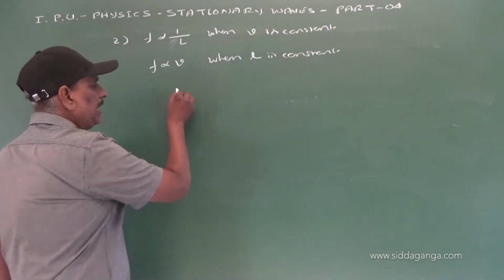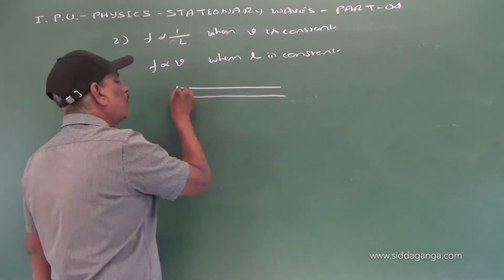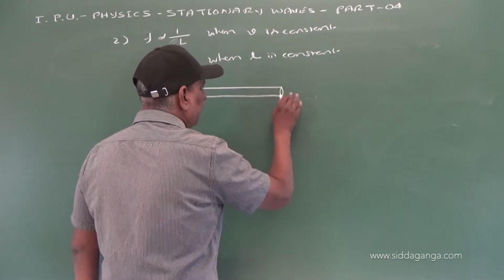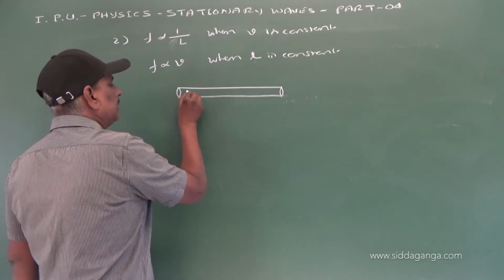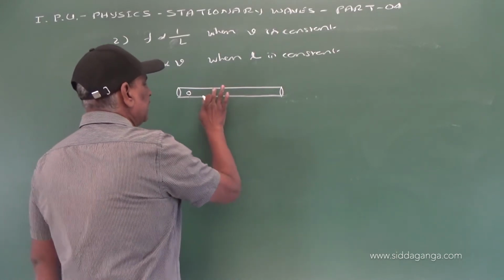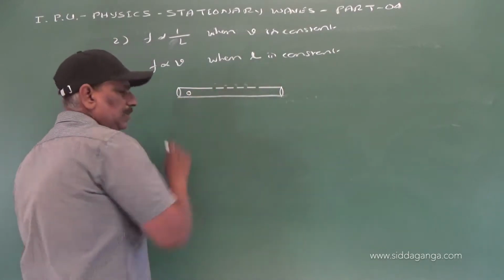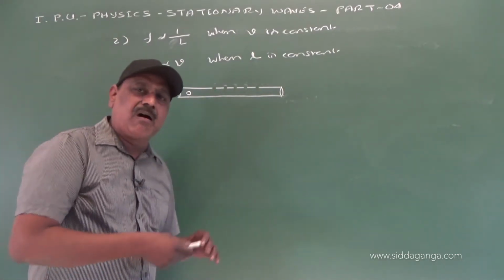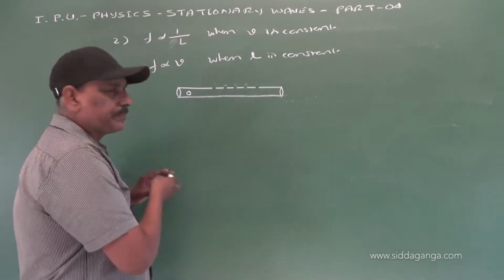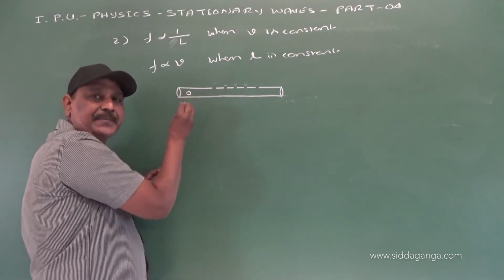So you might have seen a flute. This is an open end and this is also an open end. Now here there are a number of holes, depending upon the flute. Long flutes will have more holes. Here we can vary the velocity by blowing the air.